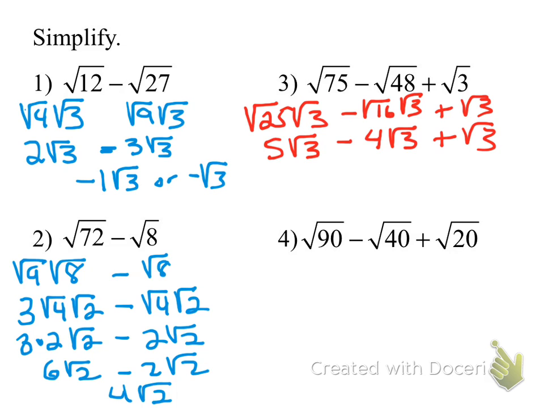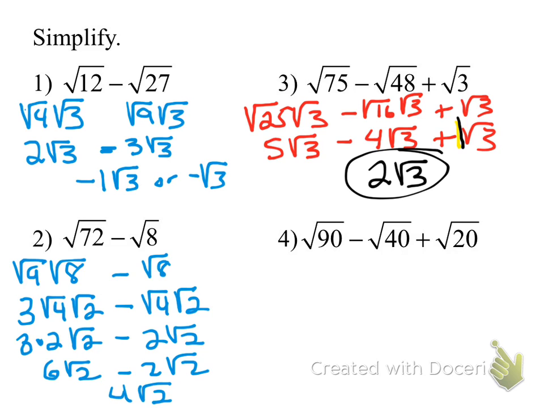Now how many radical 3s is that? 1 radical 3. So altogether, actually, let me switch that color. 5 minus 4 is 1, and 1 radical 3 makes 2 radical 3's.